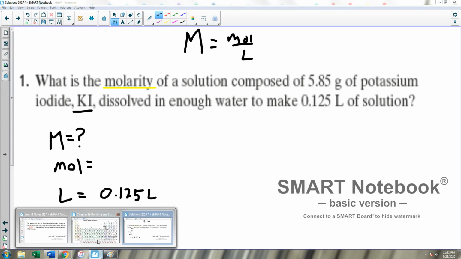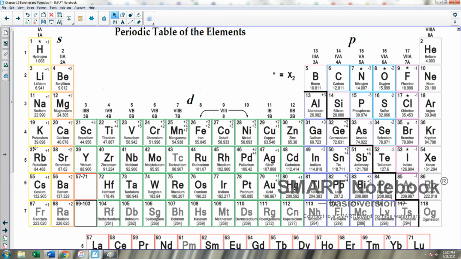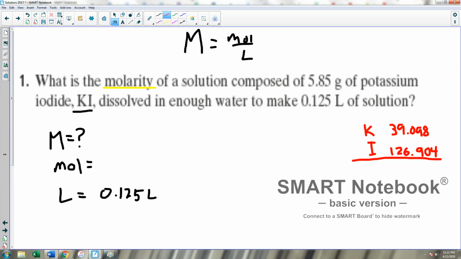So for that, I go to my periodic table. Potassium is 39.098. Iodide is 126.904. And that comes out to 166 even, with rounding.